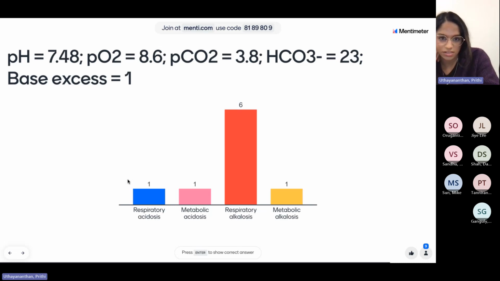And the CO2 is low and the O2 is also low. So because the bicarb is in the normal range, we can kind of know that it's respiratory and not metabolic. And then because it's higher than the normal range, then it's alkalosis.